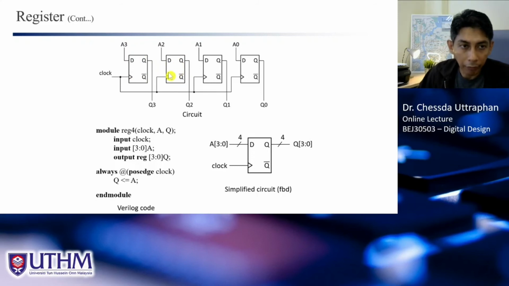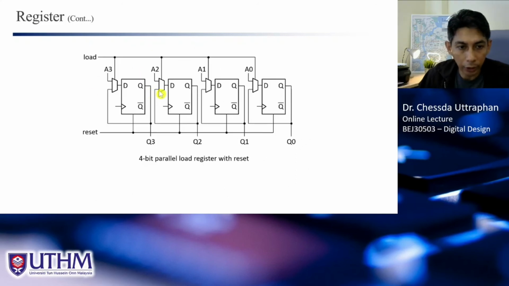In practice, we can control whether we want to load the data into the flip-flop or not. So in this case, we use what we call the parallel load register with reset, in this case we have the reset signal.